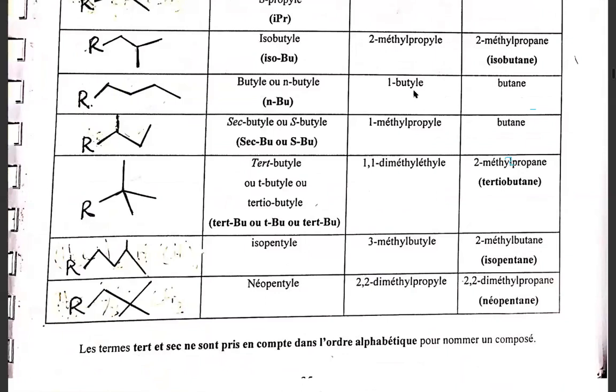It depends on where the substituent comes in. You can have sec-butyl or s-butyl, which can also be called methyl propyl, also known as butane. Then you can have the tertiary one I was talking about, that is tert-butyl or t-butyl, that is 1,1-dimethyl ethyl. That can also be called 2-methyl propane, sorry, then tert-butane.